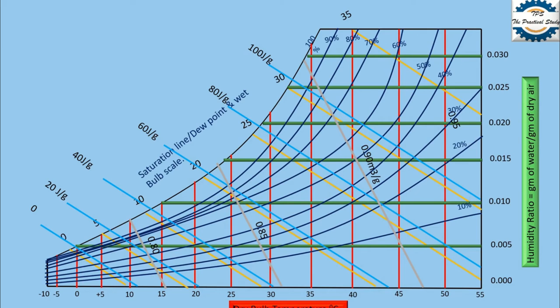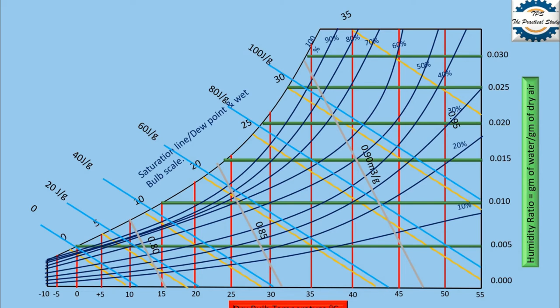So this was that complex chart which we didn't discuss earlier. I hope I tried to make it very clear to you. So it's time to solve a practical example of how we can calculate required parameters on the psychrometric chart.